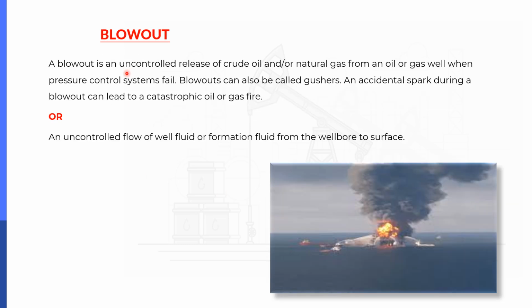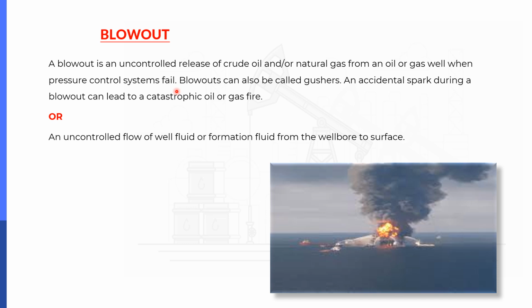Now we have a blowout here. As I said, a blowout means that everything is finished. A blowout is an uncontrolled release of crude oil and natural gas from an oil and gas well when the pressure control system fails.